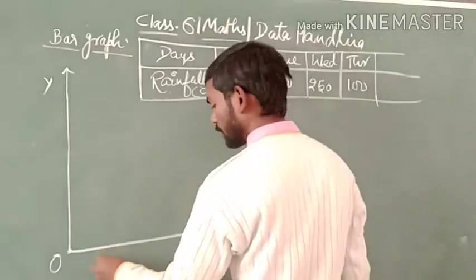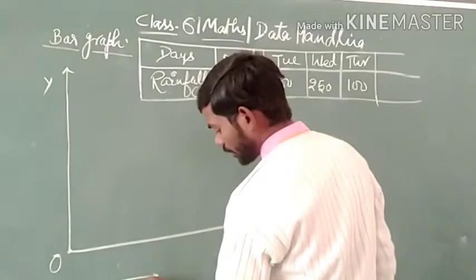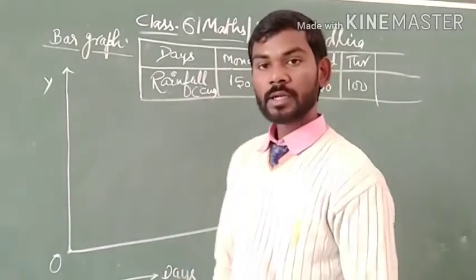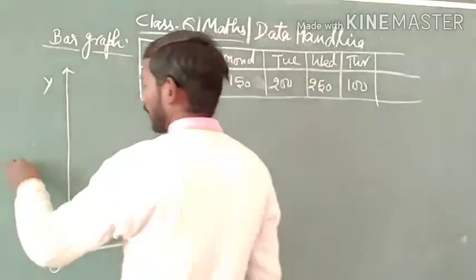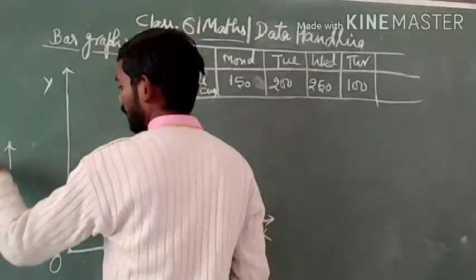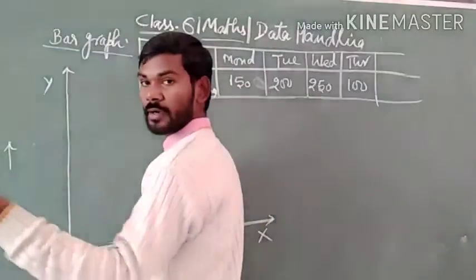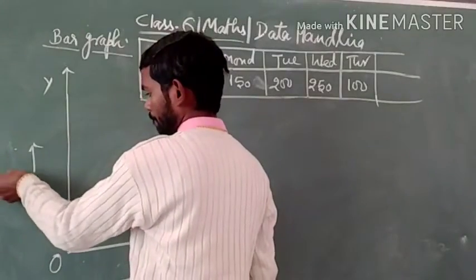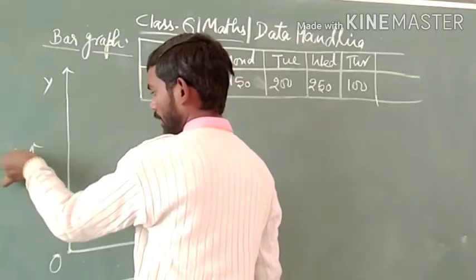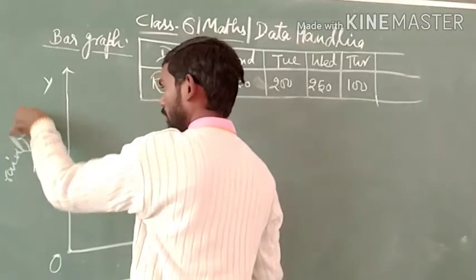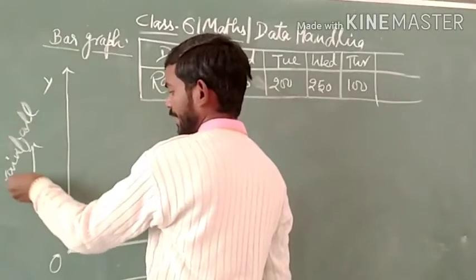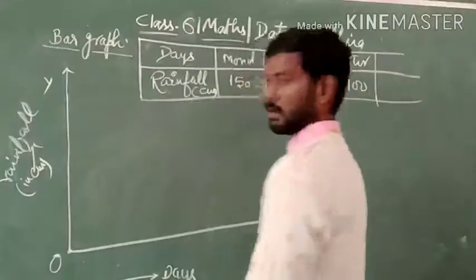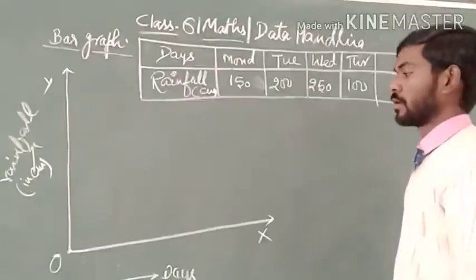So this horizontal line will represent days, and the vertical line will represent rainfall. Rainfall in centimeter.